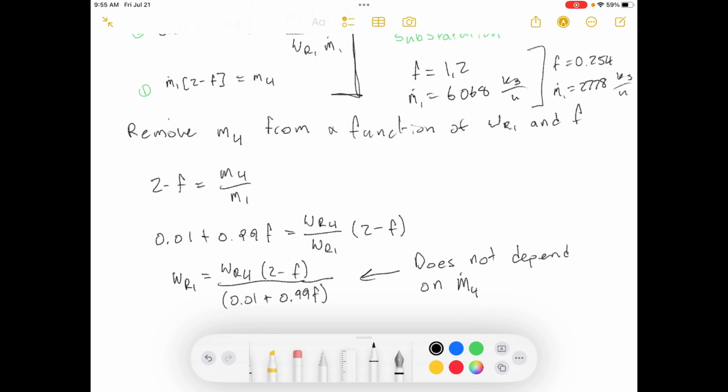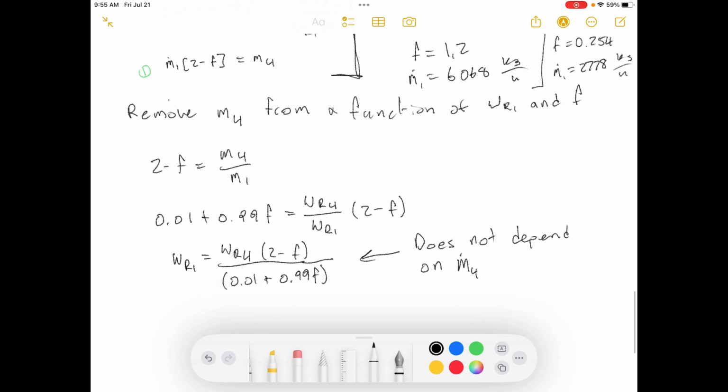All right. So now it says you can make a chart of F versus WR1 using computer software. They said easy solve parameter. Let me go ahead and read the problem statement. The desired production rate for MP and the mass fraction of R in the feed both vary from day to day.